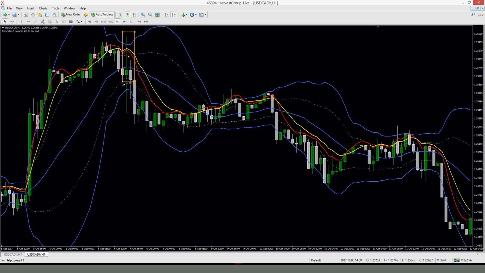What do I mean by that? This candle rejects MA high 5 and MA high 10. It rejects both sell indicators, so it's a much more valid point of entry sell. However, you also need to take into account that it rejected top BB, rejected MA high 5 and MA high 10, rejected deviation 1, and also rejected middle BB.